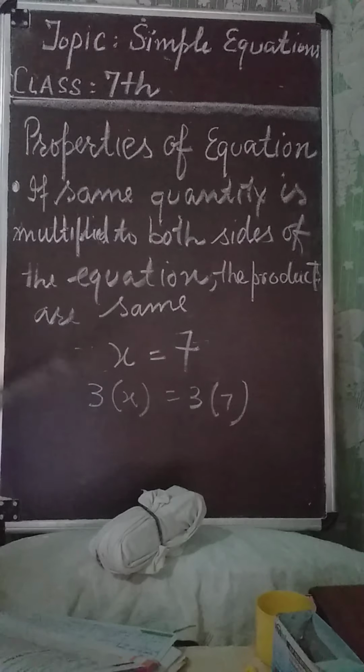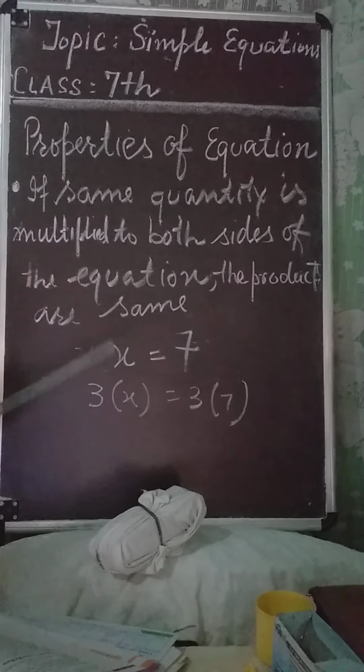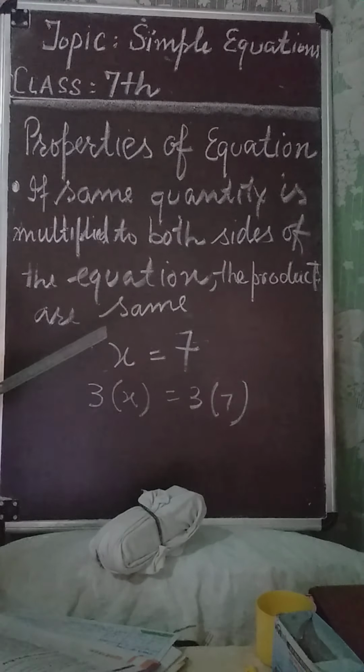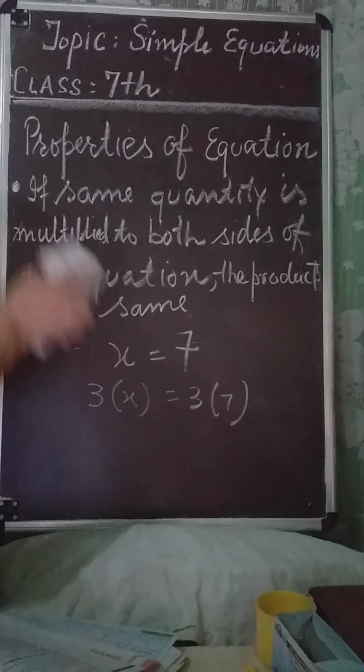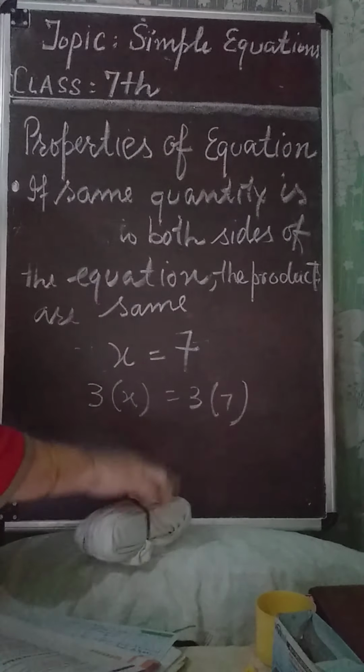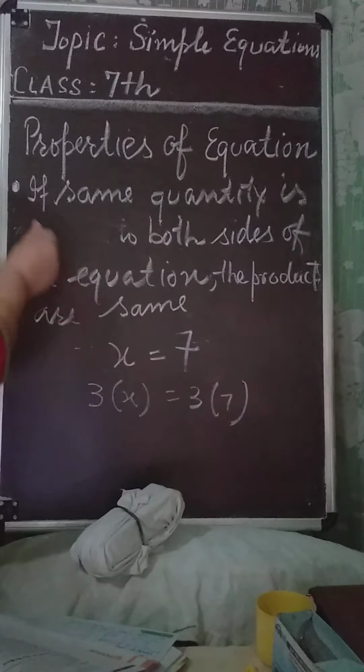Okay children. Now our fourth property of the equation is, if both the sides of the equation are divided by the same quantity. Our fourth property is divided.